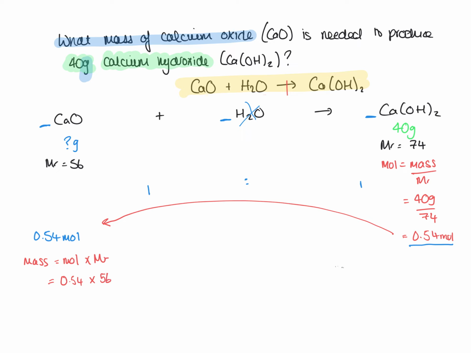Okay, this is where it becomes really helpful to work in columns, because we've got an MR over here, we've got an MR over there, we've got moles here, we've got moles there. We need to know which one we're talking about at any one time. So if I plug that into a calculator, 0.54 times 56, I get my mass, which is equal to 30.24 grams, and we put the units at the end.